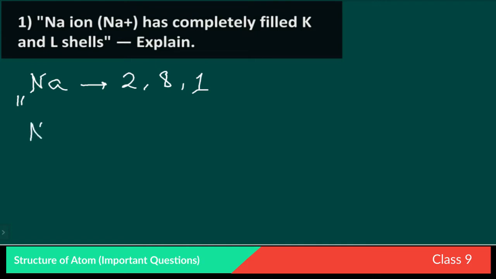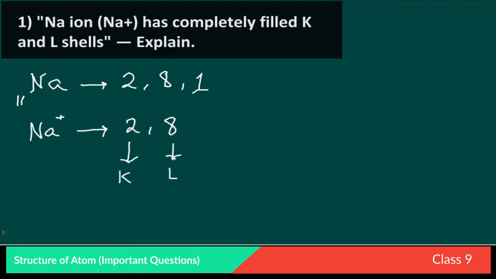So if I write Na+, that means sodium will lose one electron from its outermost shell and it will become 2, 8, right? Now the question is it has completely filled K and L shells.